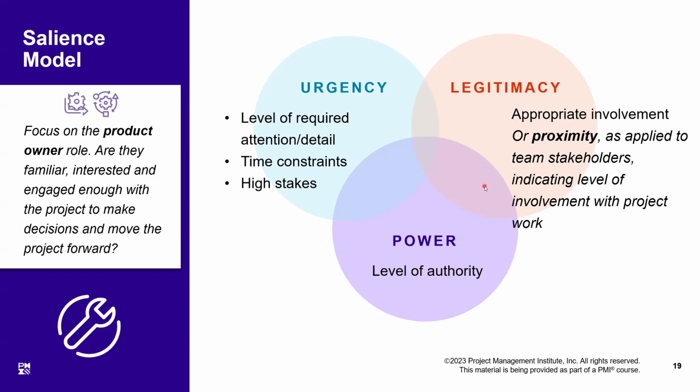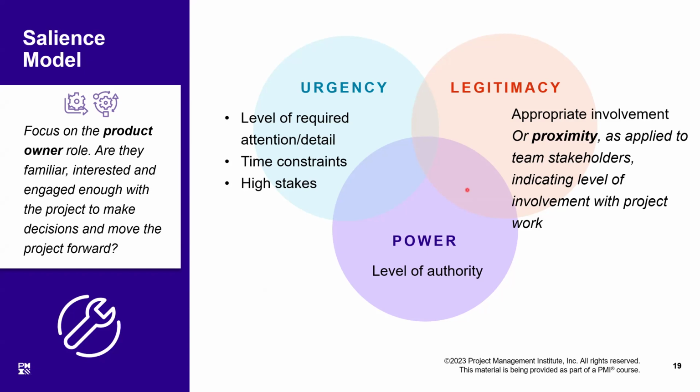Got it? It means that legitimacy is the top priority for the mapping, and the level of authority or power is less important, right? No, not less important. See, don't look at the coverage of the area, the whole circle.